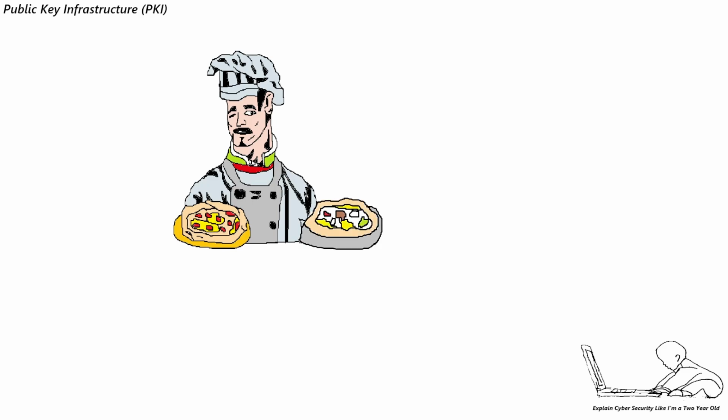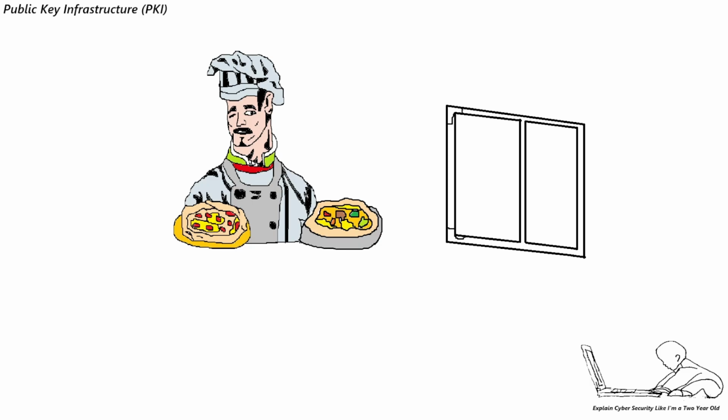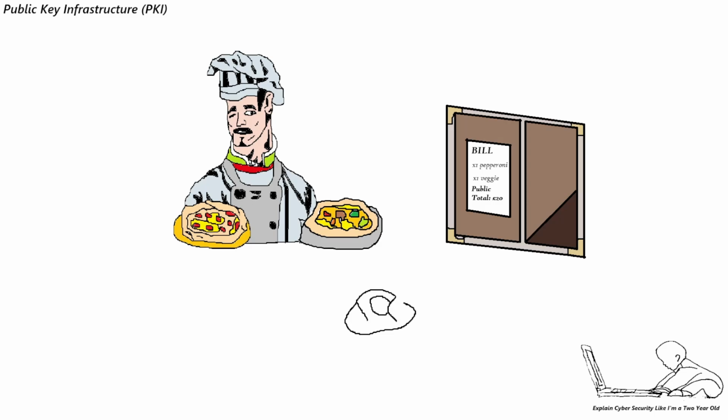So, to further expand and illustrate the concept of public and private keys, think of the 2 pizzas that Antonio is going to serve. These 2 pizzas form the bill, which you can think of as the public key. You know your bill, you know your order, you know your pizza. But remember, asymmetric encryption consists of a pair of corresponding keys. One needs the other.